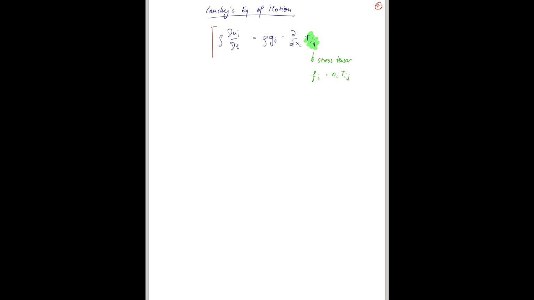So this is Cauchy's equation of motion. Now, it's a vector equation, so this really represents 3 equations. We also derived one more equation from mass conservation. That was the continuity equation.